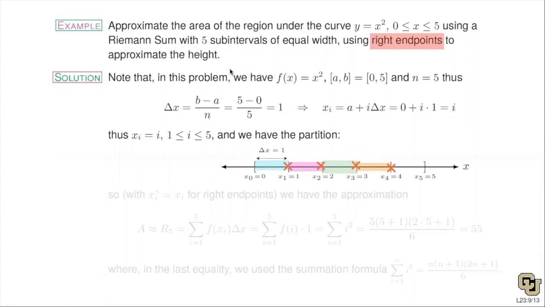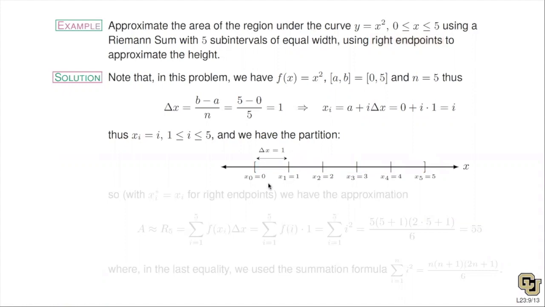And then, last but not least, I go to the fifth subinterval, choose the right endpoint. My height will be f of 5 times delta x. That's the area of the fifth subrectangle. Add all of those areas together. So it's a very simple procedure once you find the partition, the approximation problem, okay?